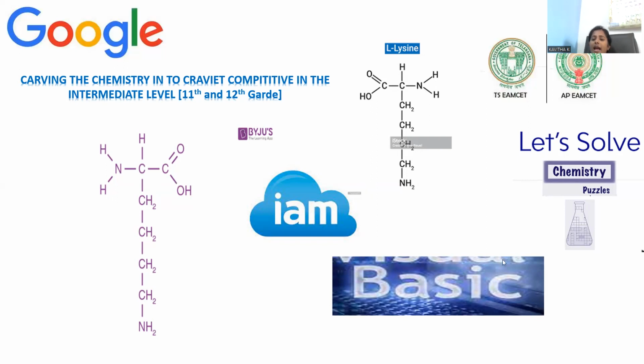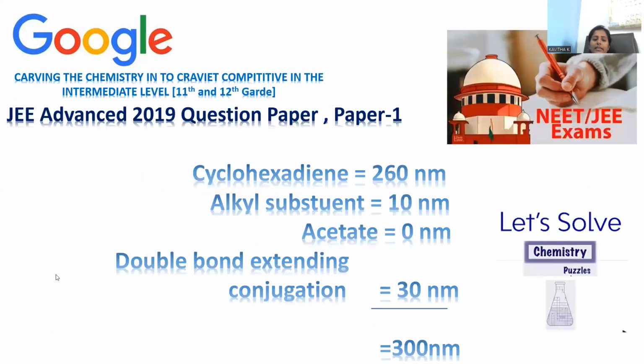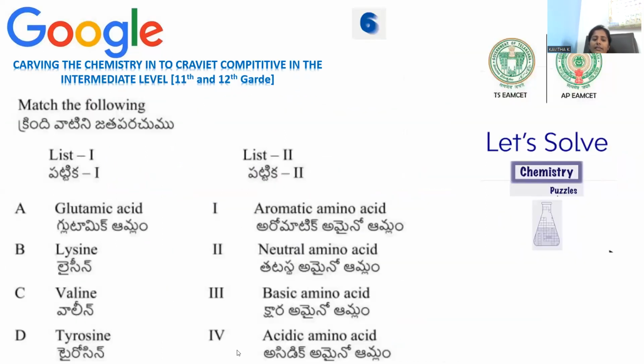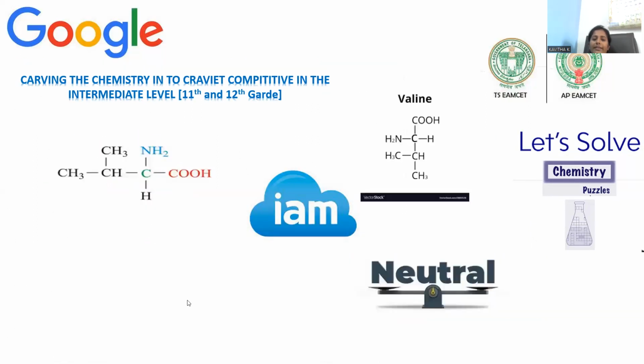Lysine is a basic compound because excess NH2 is present. The COOH nature is compensated with NH2, but another NH2 is there which gives the basic nature. So lysine is basic.